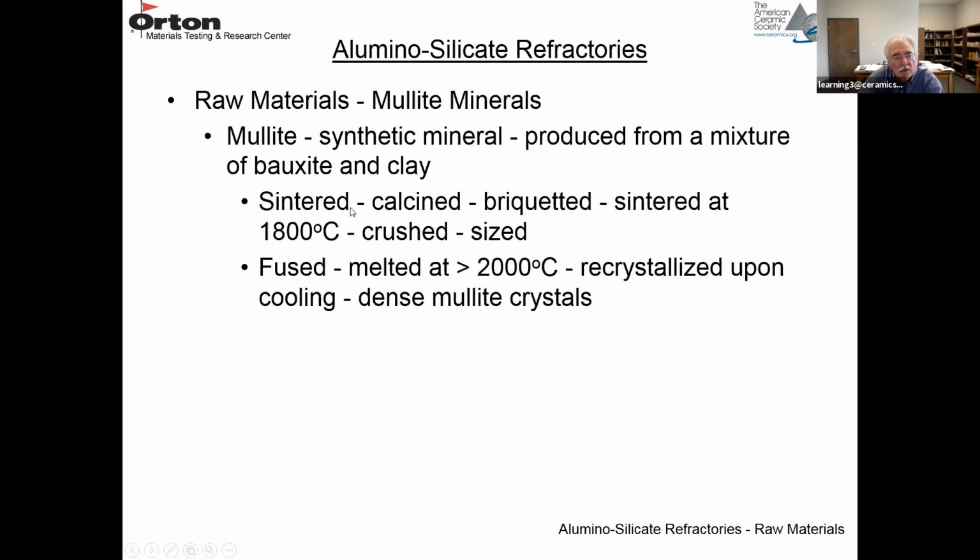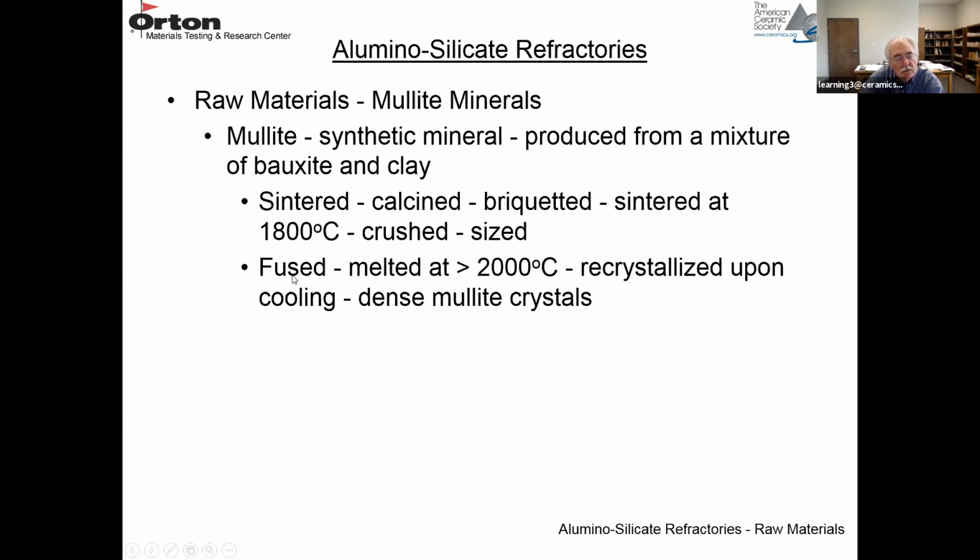The sintered material is going to have open porosity. The fused material is going to be a dense, basically low porosity material. So for the sintered materials, you calcine the mixture of bauxite and clay. You form it into some kind of pellet, and then you sinter it at about 1800 degrees C to form mullite, and you crush it and size it.